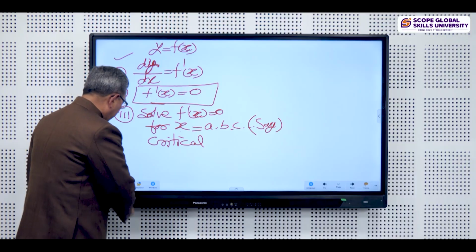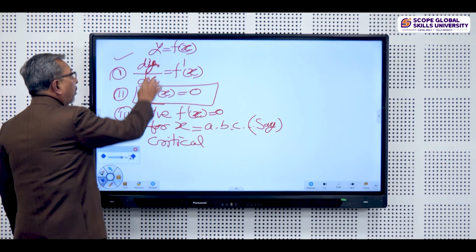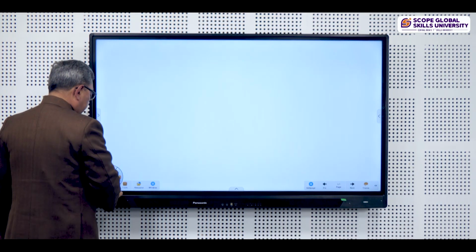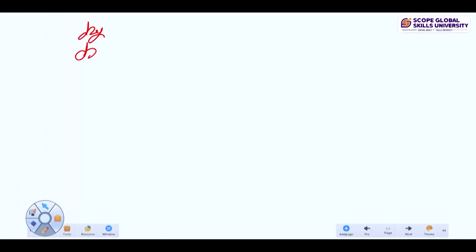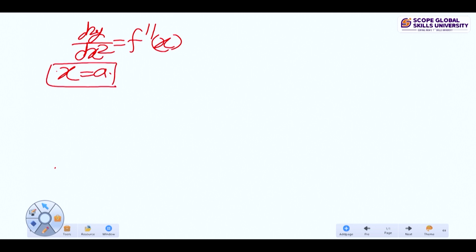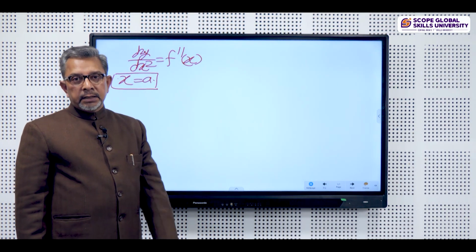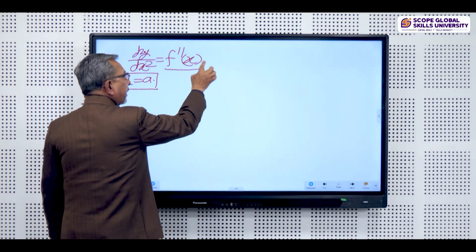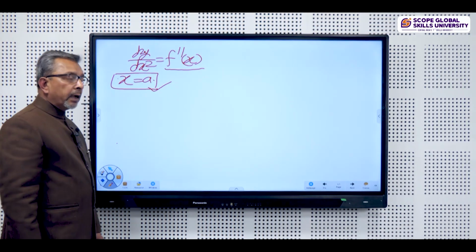After getting the values of x, we will find out the second derivative of the function, that means d2y by dx2, which is also represented as f double dash x, and now choose any one value of x, say x is equal to a, out of all those values which we obtained in step number 2 when we solved f dash x is equal to 0, and we will find out the value of the second derivative at this particular point x is equal to a.